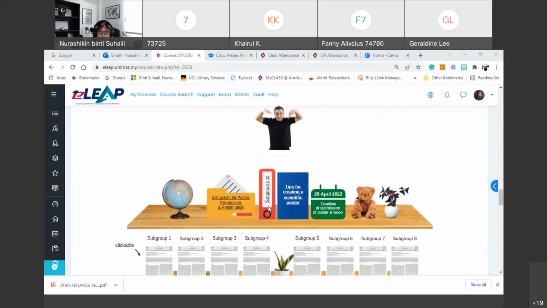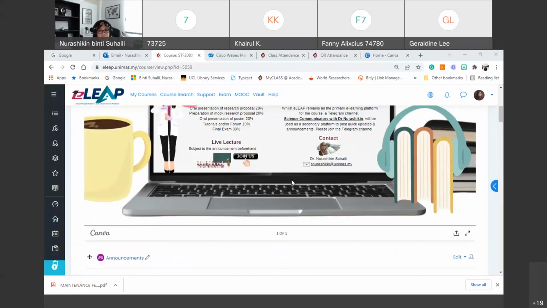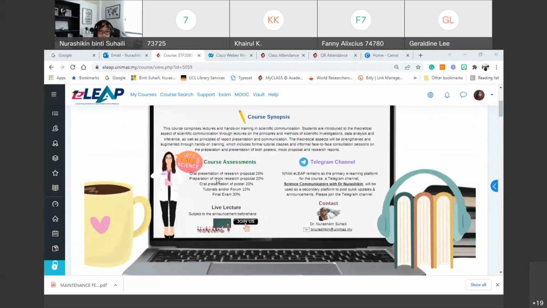About the subgroup list, remember when I mentioned the course assessment last time: there are oral presentation of research proposal, preparation of research proposal, and also oral presentation of poster. Each of these carries 20%, and this has to be done in a group of 3.